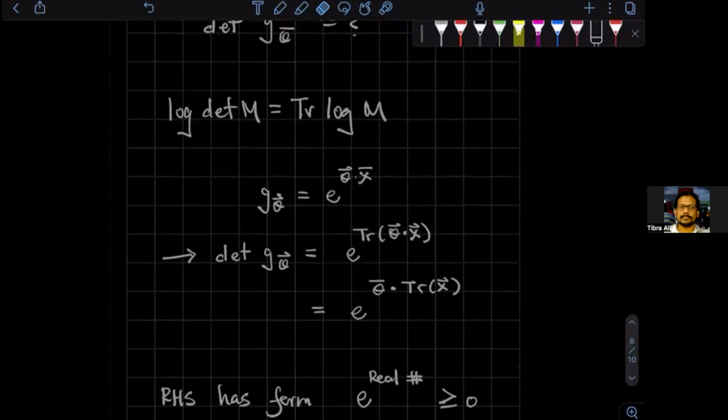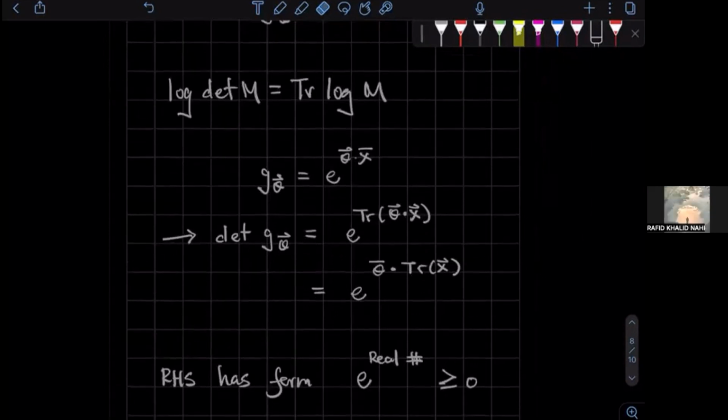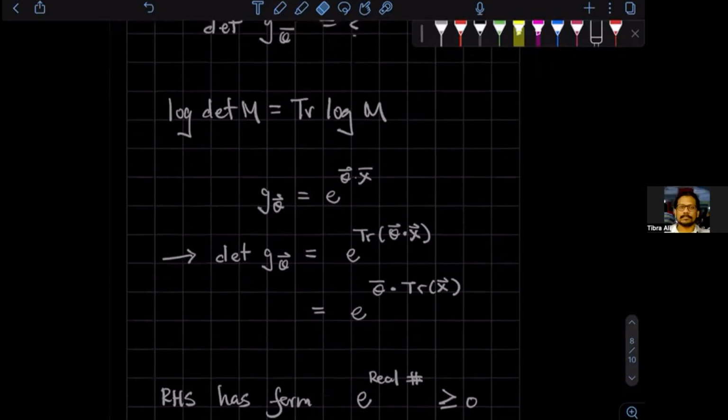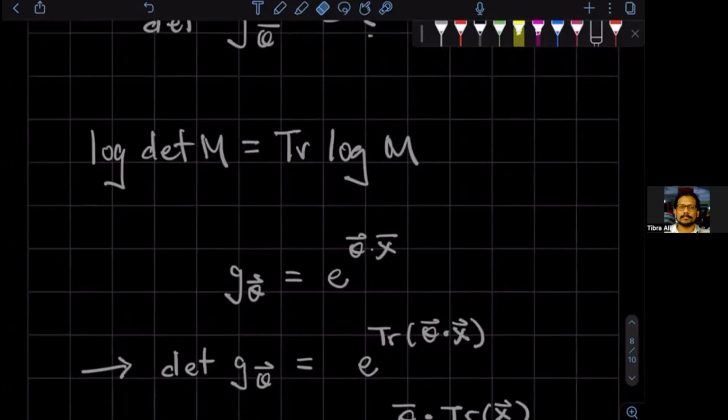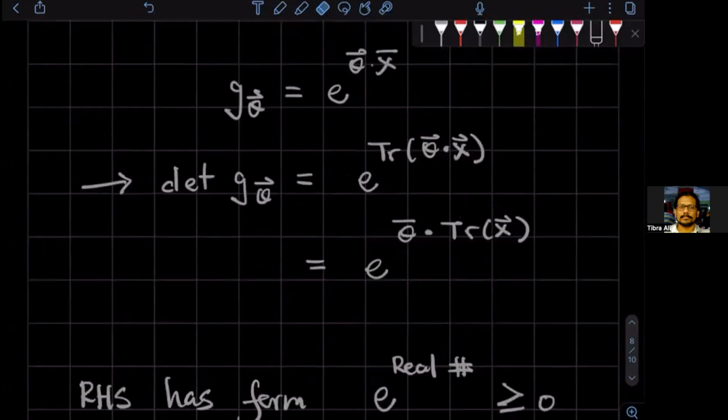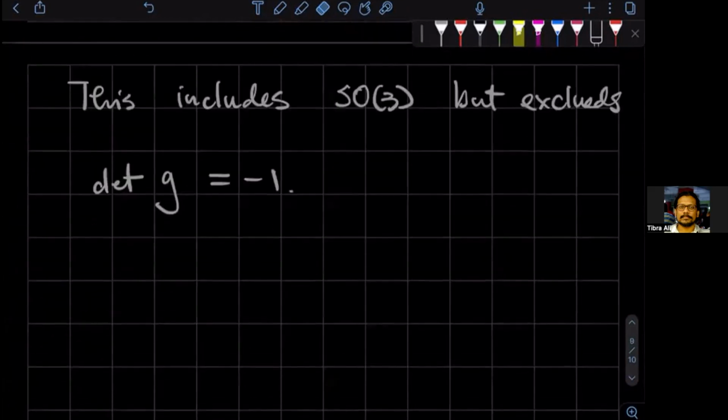Sir, I had a confusion. Could you say how the theta was brought outside the trace? Right. So the theta, because trace is just a linear thing, right? If I look at theta dot x, it's essentially theta i x i, right?